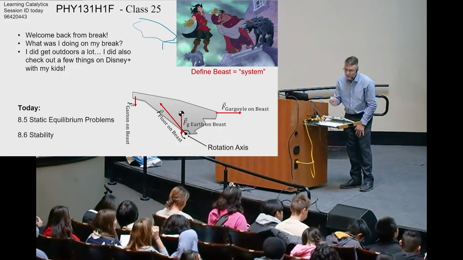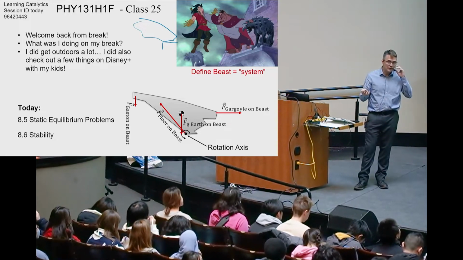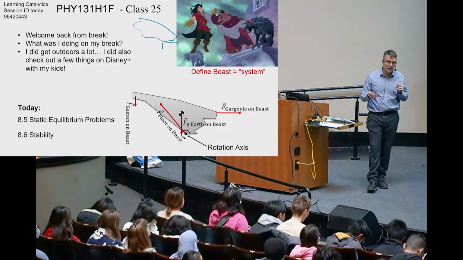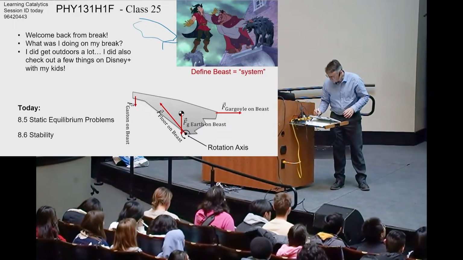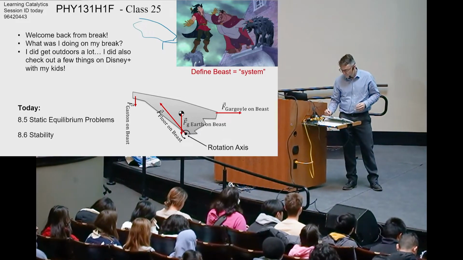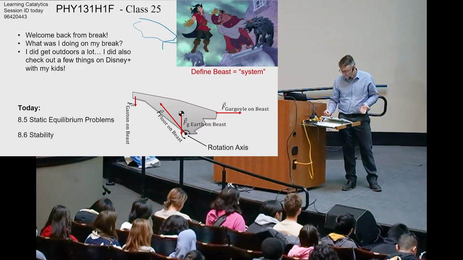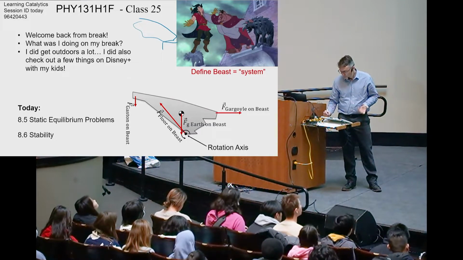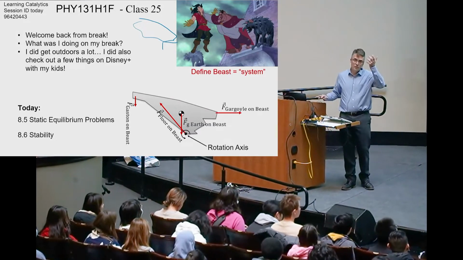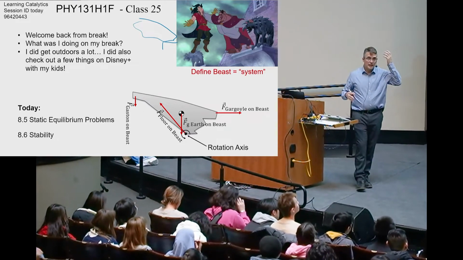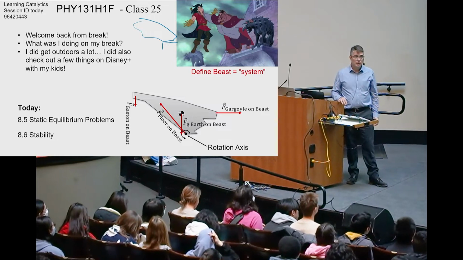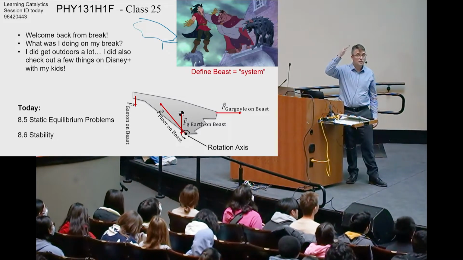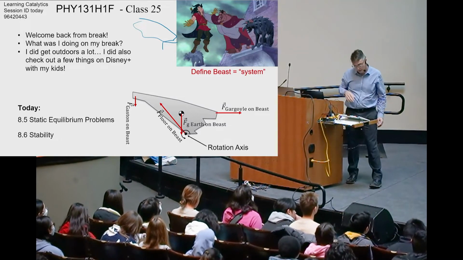One of the things that comes up quite a lot in these static equilibrium problems in chapter 8 is that once you define the system, if the beast is exerting an upward force on Gaston's neck, then Gaston is exerting a downward force on the beast, which is one of the forces which can provide a torque on the beast.